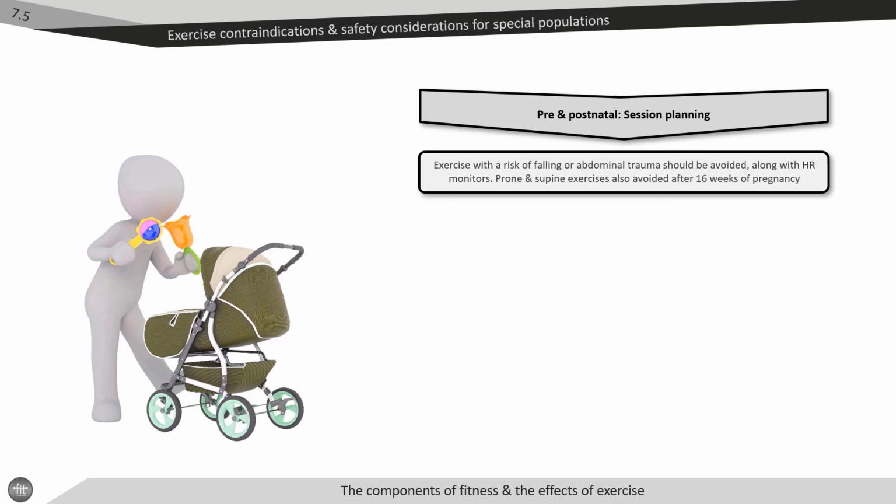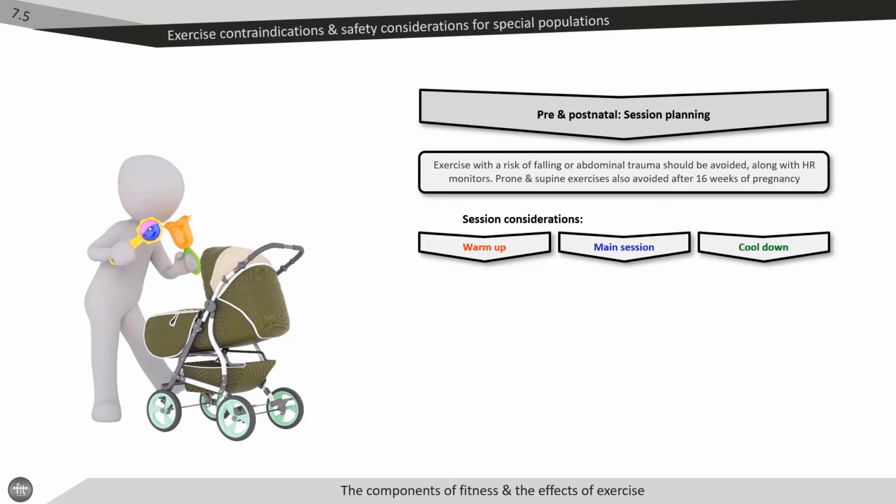Session considerations when planning for both pre- and postnatal individuals, including the warm-up, main component and cool-down elements, include warm-ups being longer and more gradual, around 10 to 15 minutes in length, building the range of motion of mobility exercises gradually, being cautious not to over-exceed any optimum ranges.